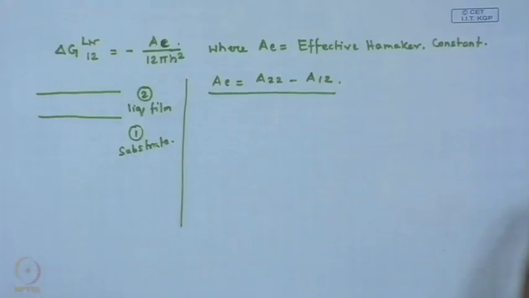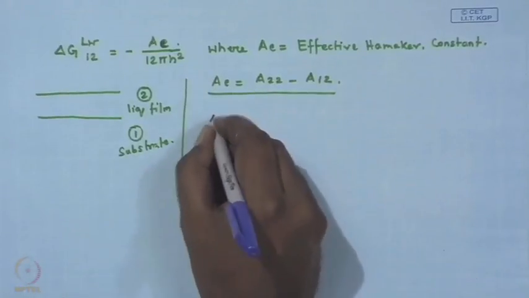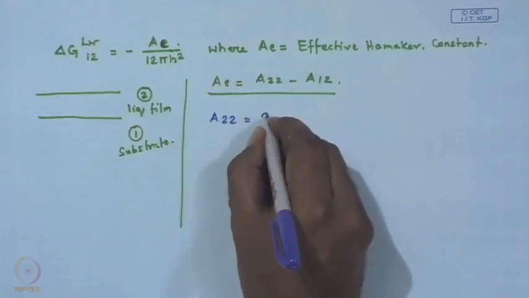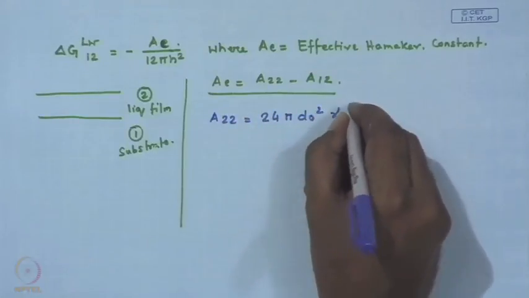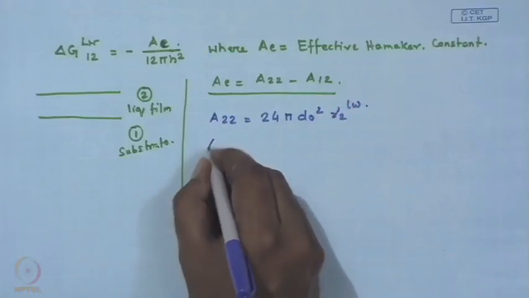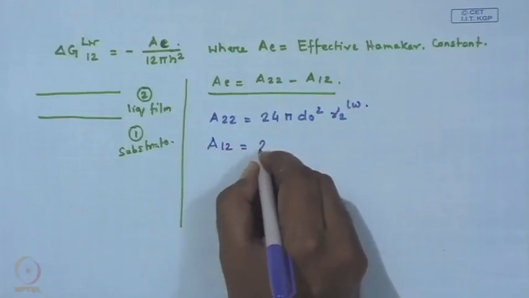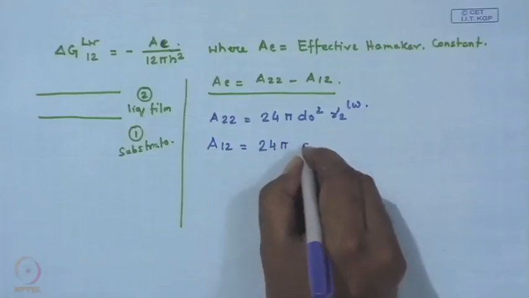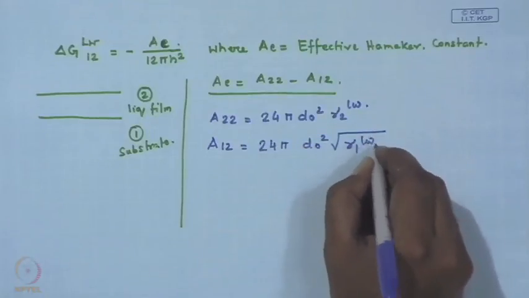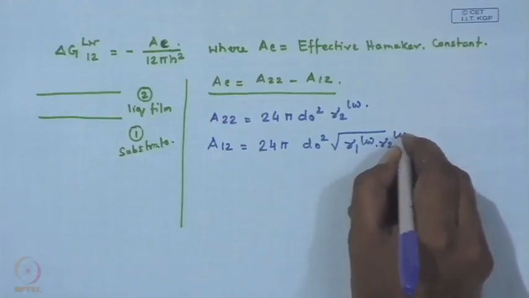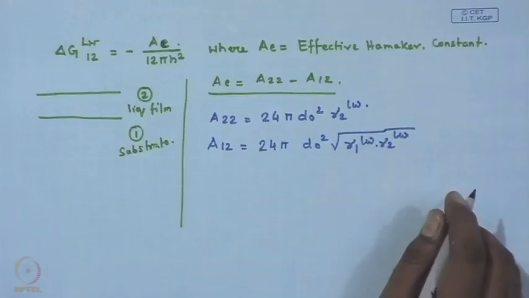We also know that A22 can be written as, and A12 can be written as, I would request you to look into the previous lectures to get to these expressions.